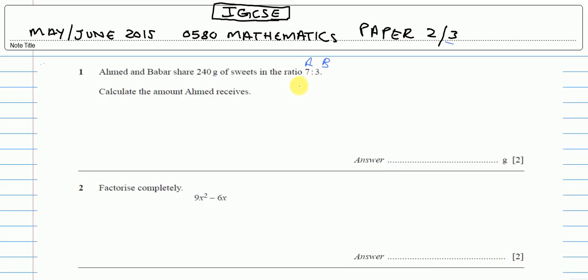Out of 240 grams, Ahmed will receive 7 out of the whole 10. How I got 10, which is 7 plus 3. It is very simple. Paper 2 is always very simple to start with, but there are a few tricks which examiners always come up with. So it will be 168.